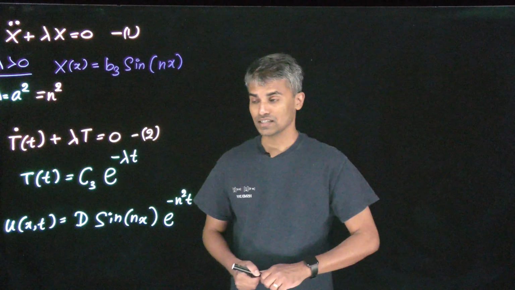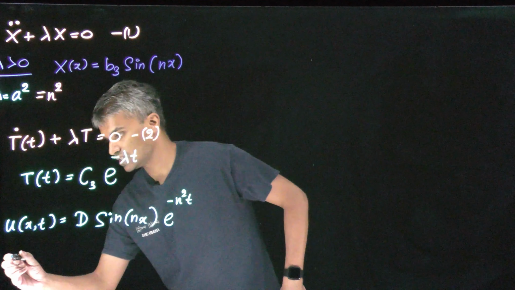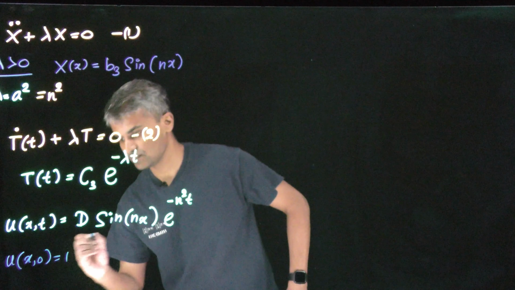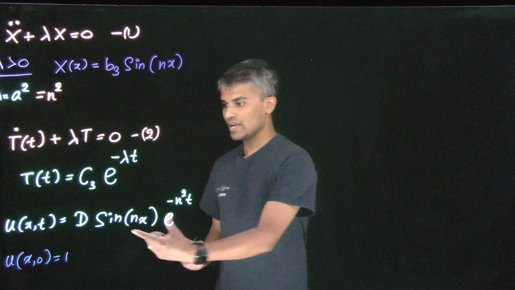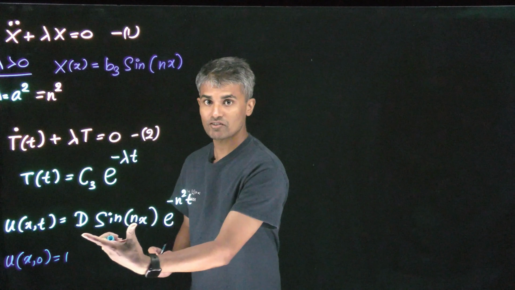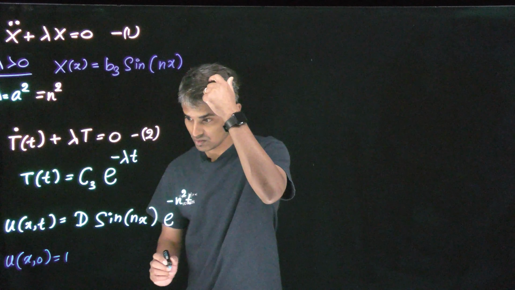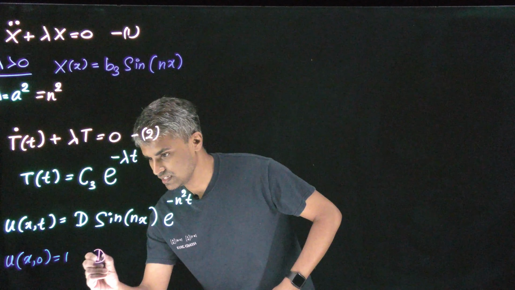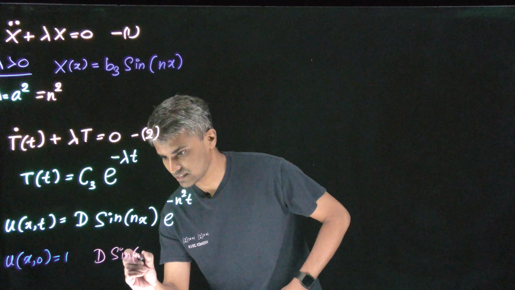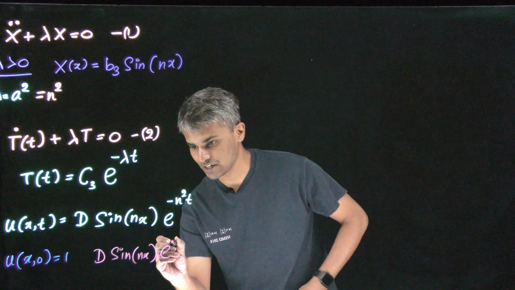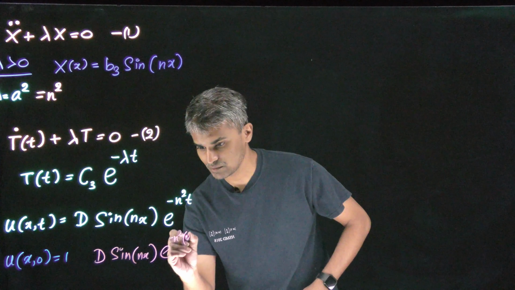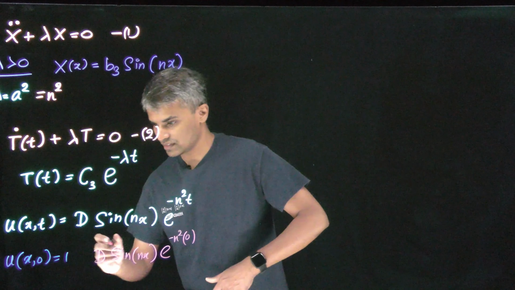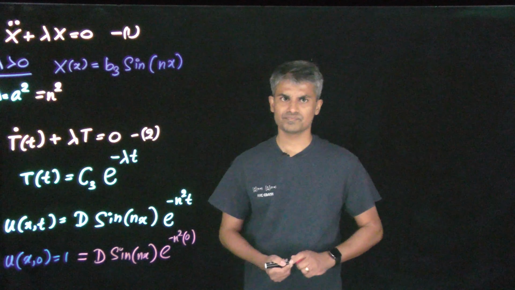The initial condition for this particular problem was u of x comma 0 equals 1, and if you evaluate the solution that we found at time t equals 0, you will get d times sine of nx times e to the negative n squared times 0. Okay, and this one must be equal to 1.